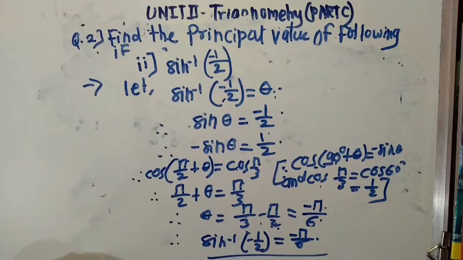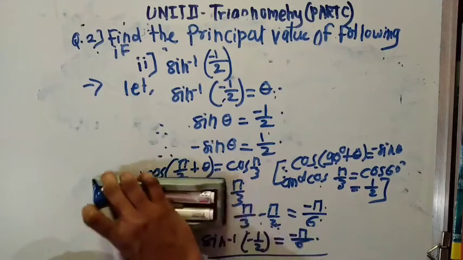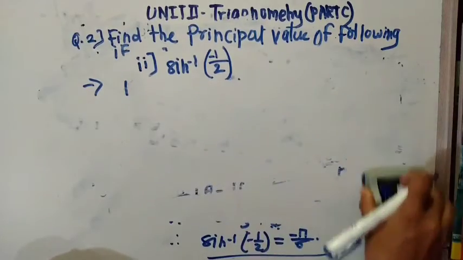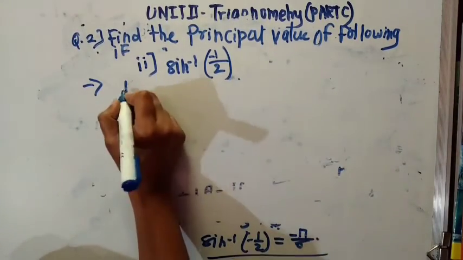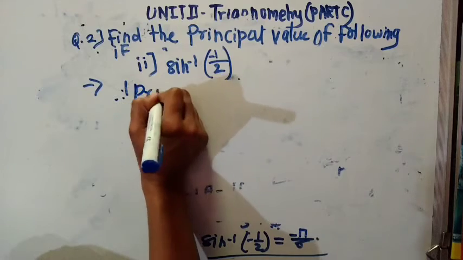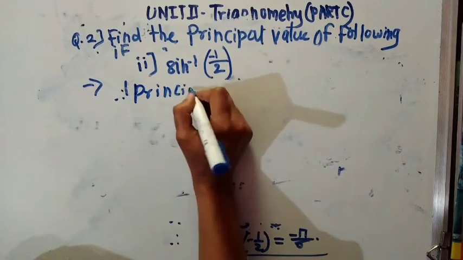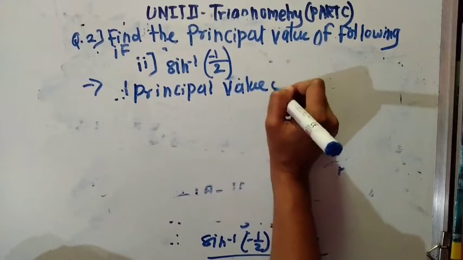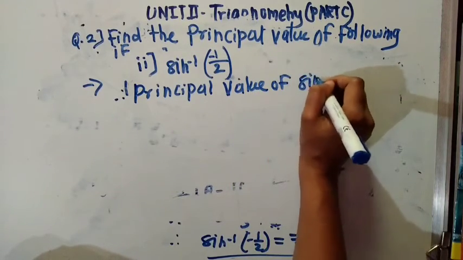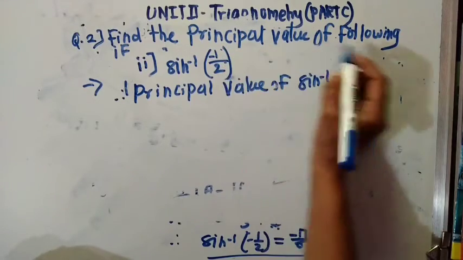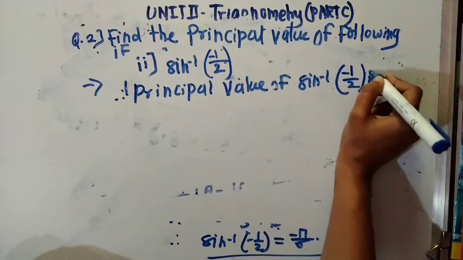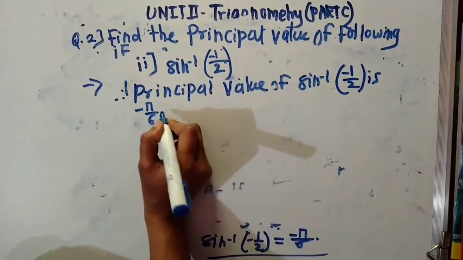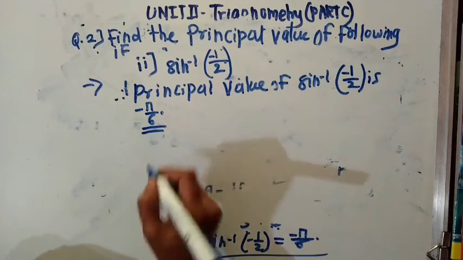Hence principal value of sine inverse of minus 1 by 2 is minus pi upon 6, is the principal value.